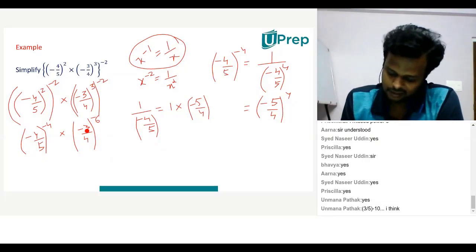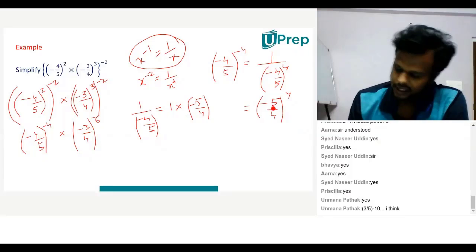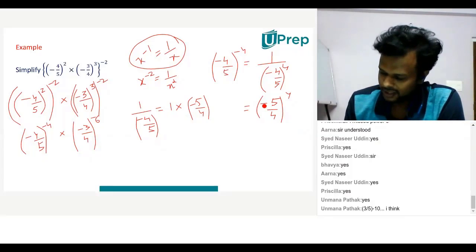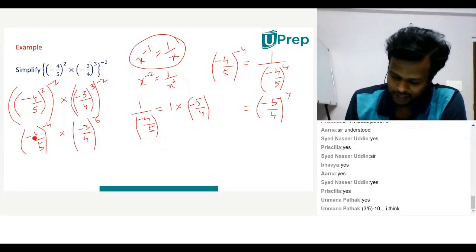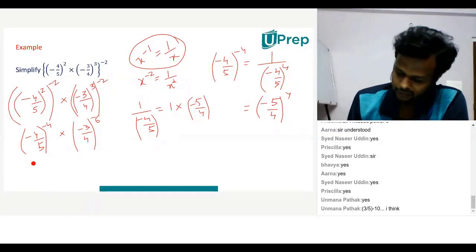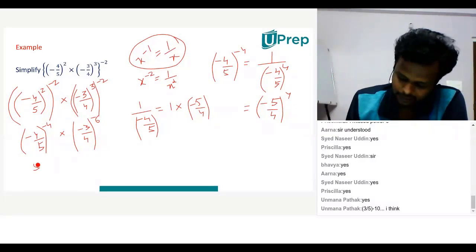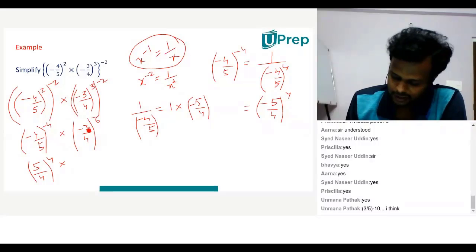Similarly, minus 3 by 4 whole power minus 6 will become minus 4 by 3 whole power 6. Children, because the power is here, I have a negative number, but the power is even. So minus 5 by 4 whole power 4 will become 5 by 4 whole power 4, into minus 4 by 3 whole power 6.